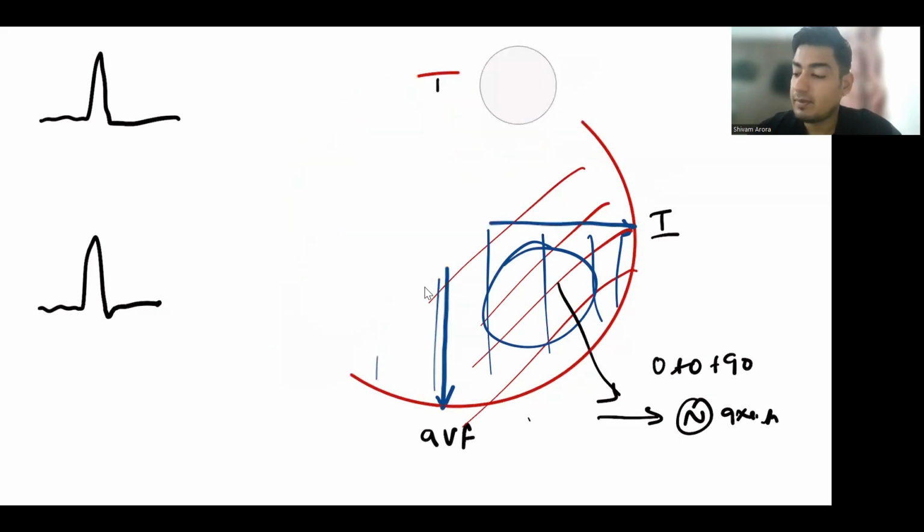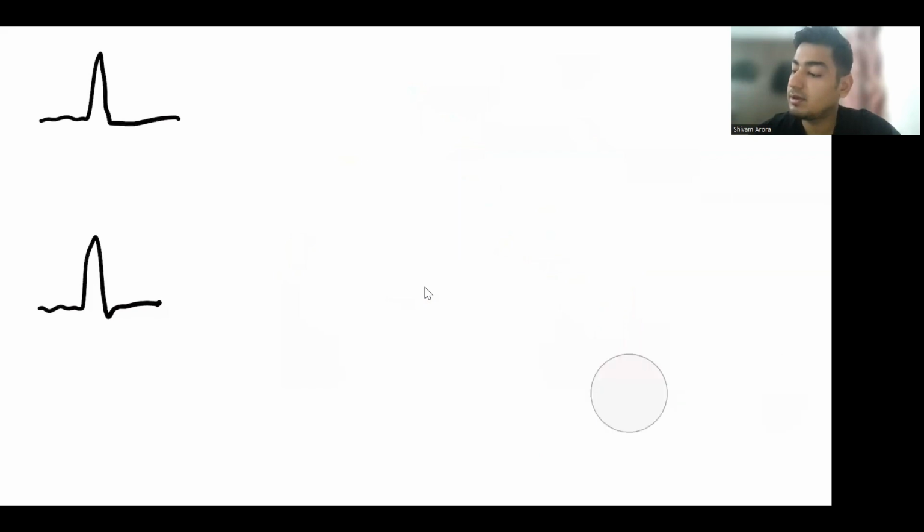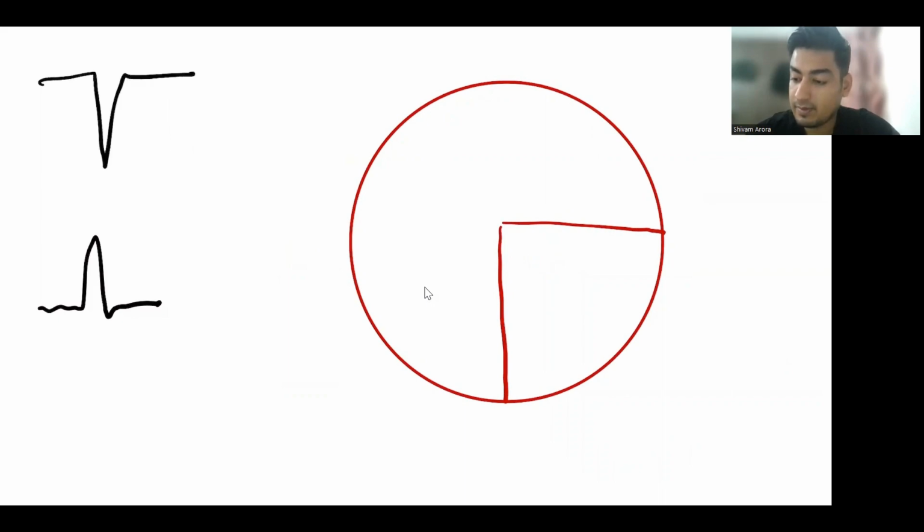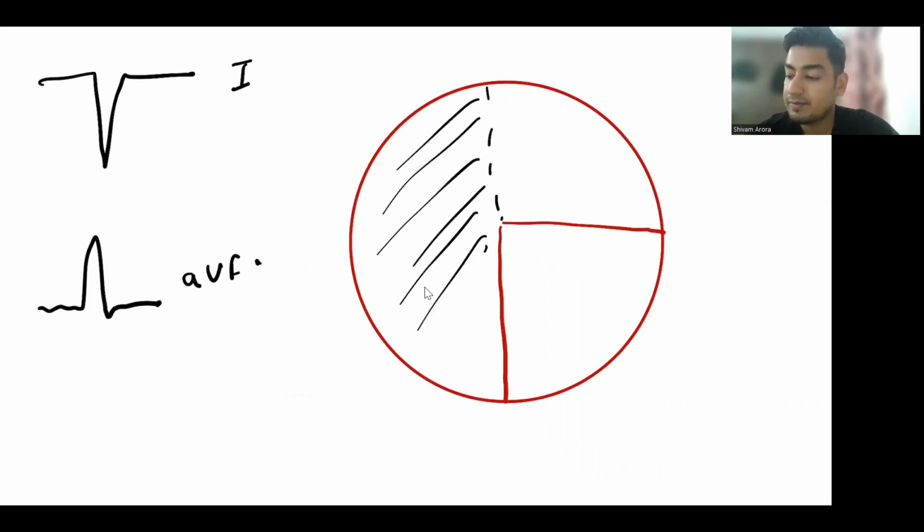Similarly, if lead 1 has a negative QRS and lead AVF has a positive QRS, since lead 1 has a negative QRS, axis would be somewhere in this hemisphere.